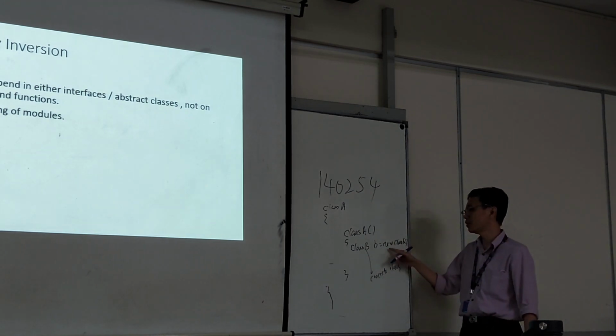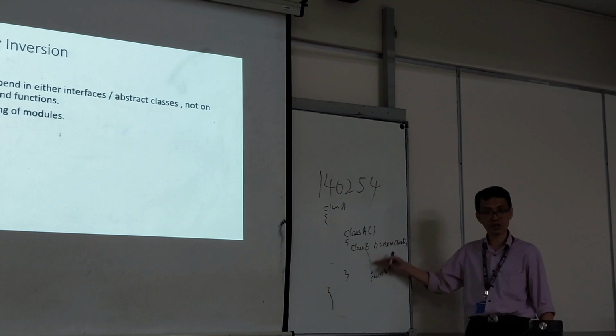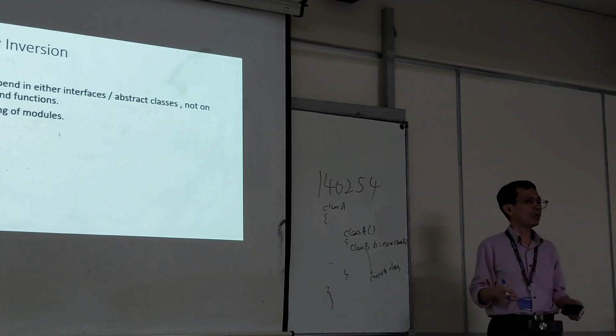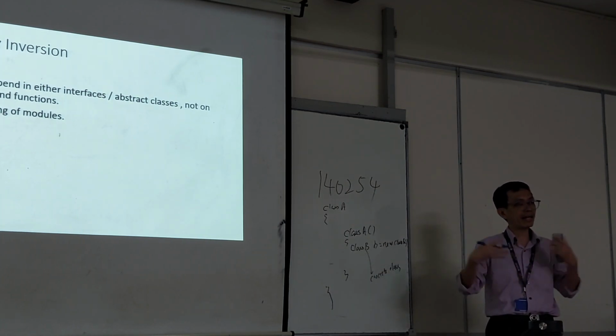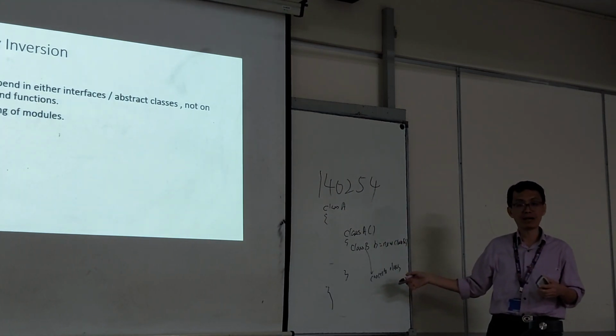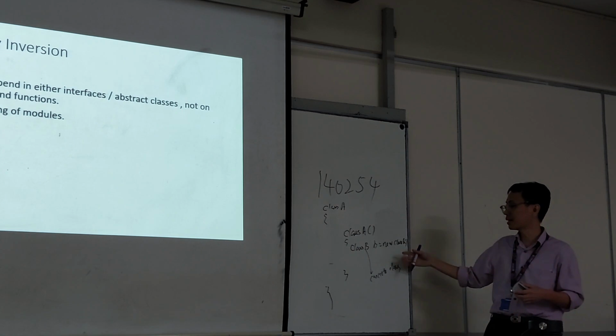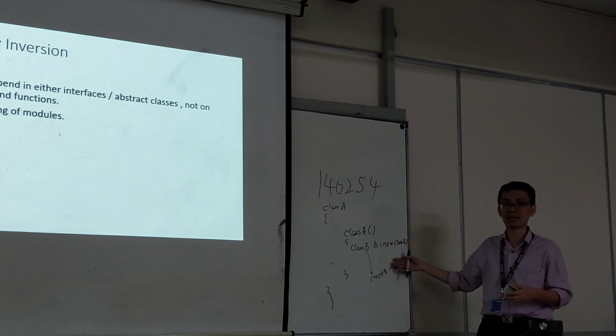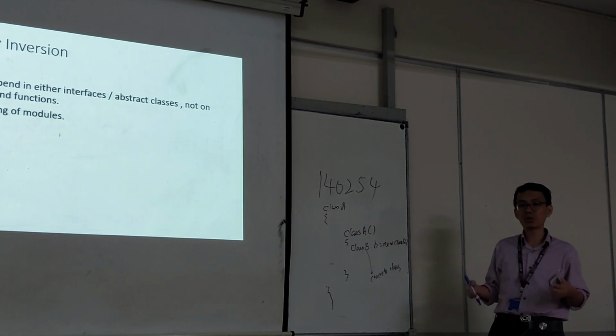Then if you go like this, using the new keyword in the constructor, in this case you are getting a very tight coupling between these two classes. You understand? So in this case, how are you going to solve it?